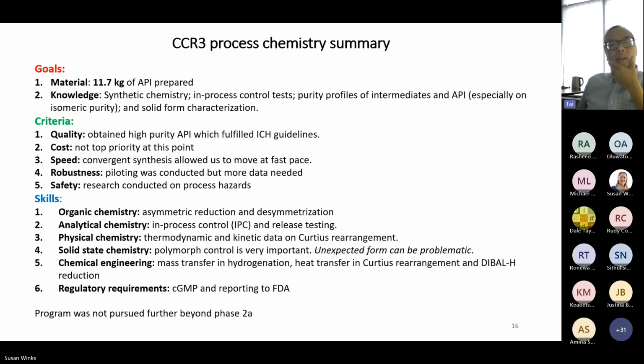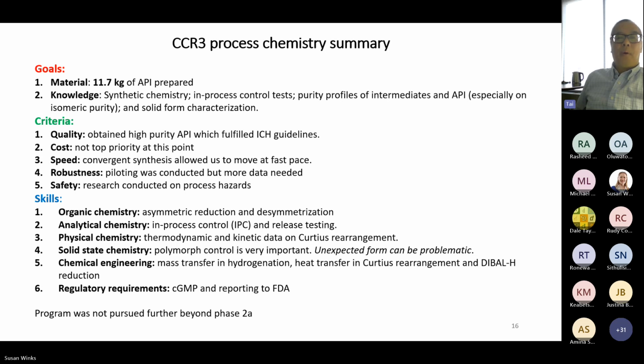So, we talked about this chart earlier on. I keep this on as a report card to myself and the team, just to see how we have done in terms of the goals, do we meet the criteria, and did we learn anything? I think we achieved the goals and produced enough material at high enough purity. We accumulated a lot of synthetic chemistry knowledge in process testing, purity profile of intermediates and API.